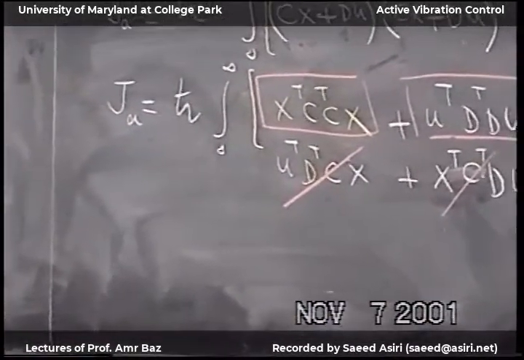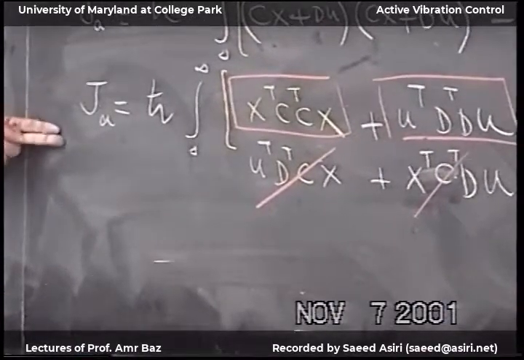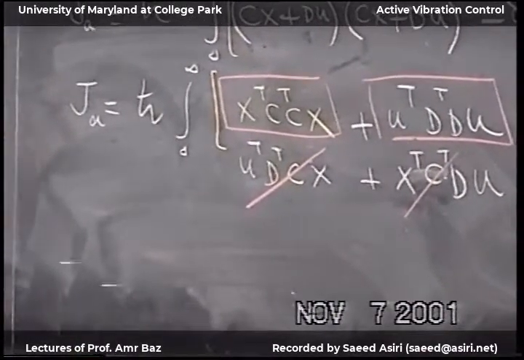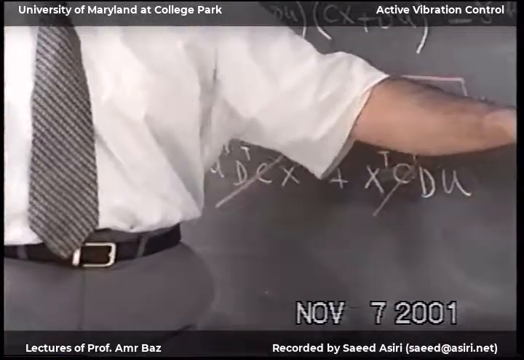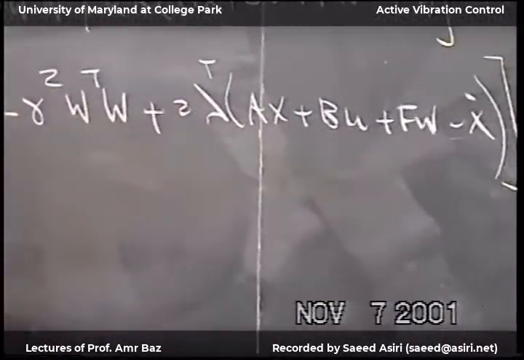And then now we'll do the variation on the final result, and then put it all in del X, del U, del W, del lambda transpose.